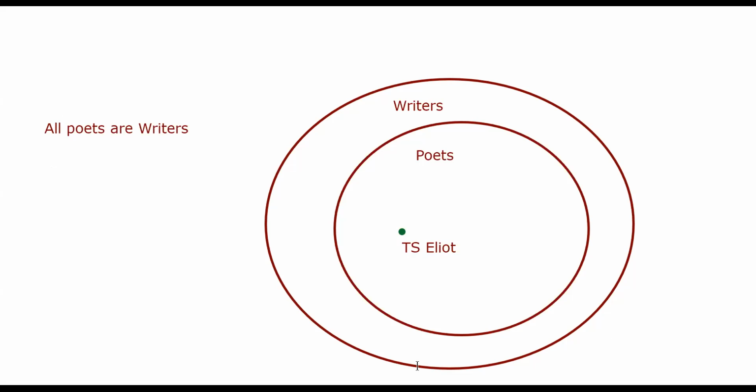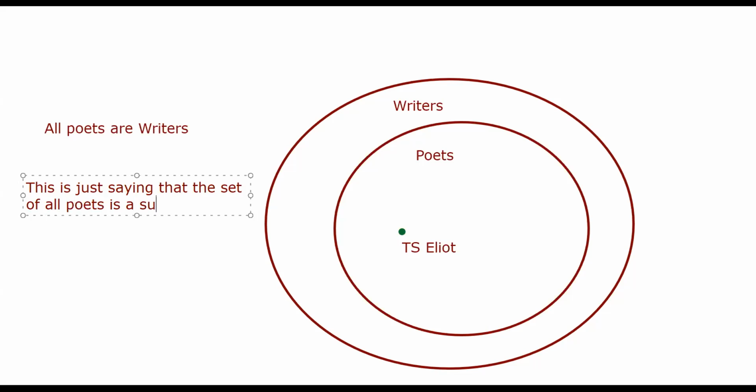Didn't we learn something in chapter 2? What was that called? The subset? You guys remember the subset in chapter 2? Wait a minute. This is just saying that the set of all poets is a subset of the set of all writers. If I created a set that contained every poet in existence, it's going to be a huge set.